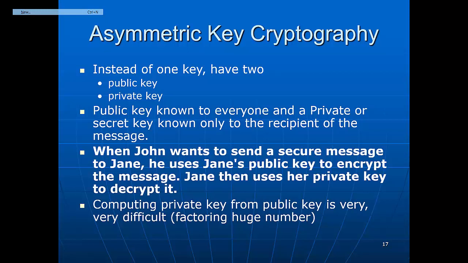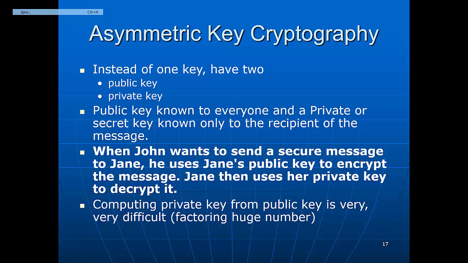But the concept is you have not one key but two keys, a public key and a private key. The public key is known to everyone, so John, Jane, Alice, Bob, whoever, they all know the public key. But the private or secret key is something that each person keeps to themselves.